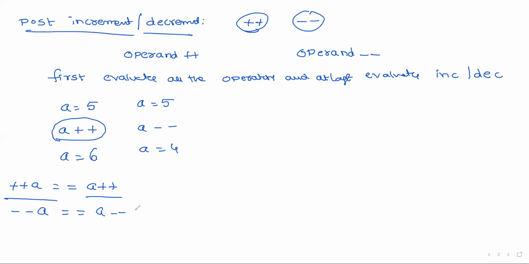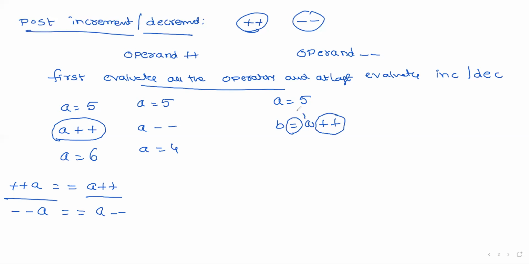The difference occurs if the expression contains more than one operator. See this one, a is equal to 5, b is equal to a plus plus. Now what happens? First it evaluates all the other operators. What are the two operators? Assignment and post-increment.